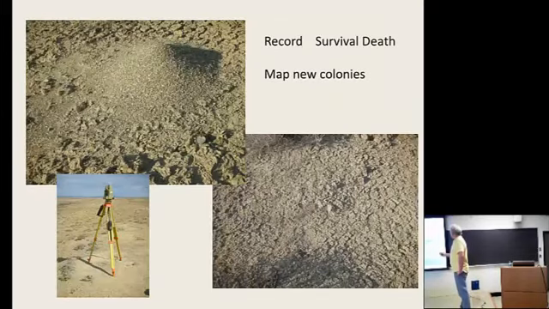So, we record survival, and here's a colony that has survived, and there's its tag. Everything's tagged. Here's a recorded death. This unfortunate colony is dead. And we map everybody who's new.